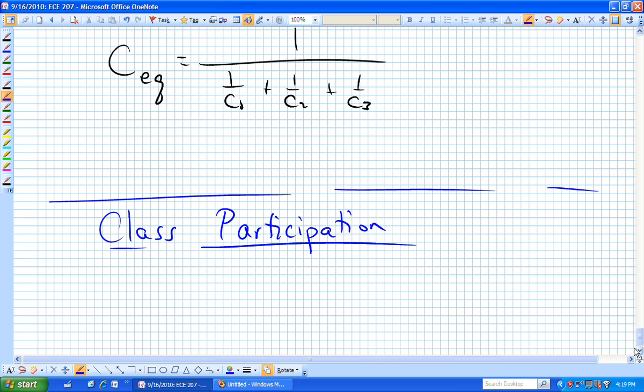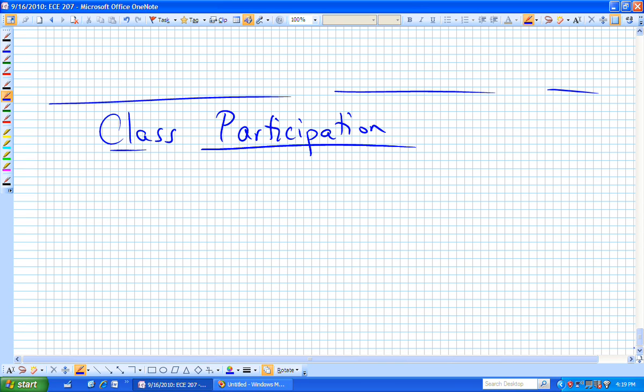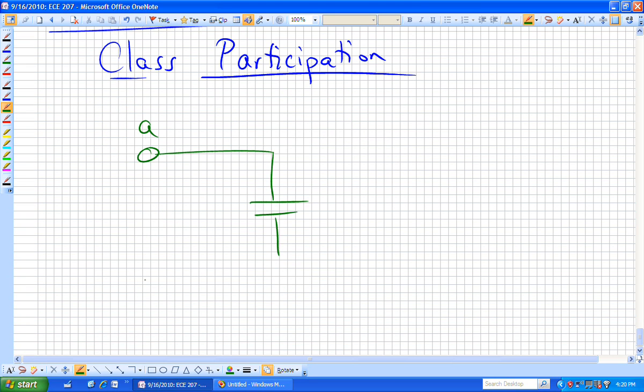What do I want you to do? I want you to find an equivalent capacitance between these two nodes, A and B. And it's not going to be just that one capacitor, C1, so don't hand in your paper just yet.